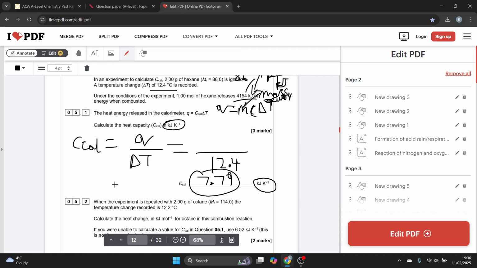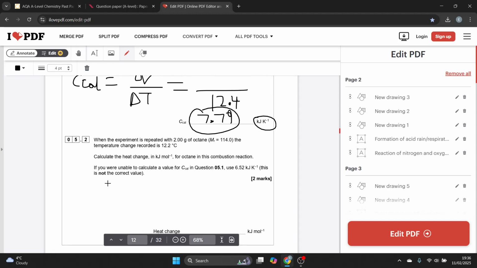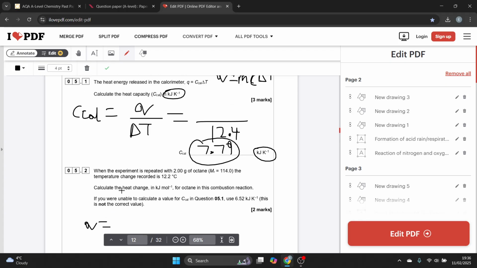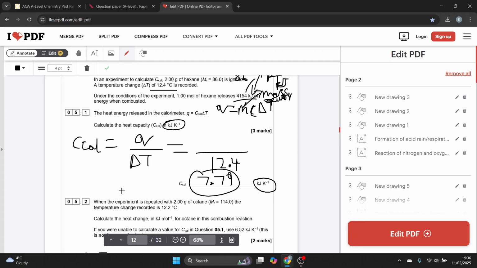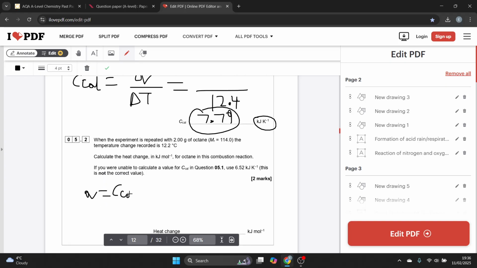Again, Q equals mc delta T. I want to find the heat change, right?